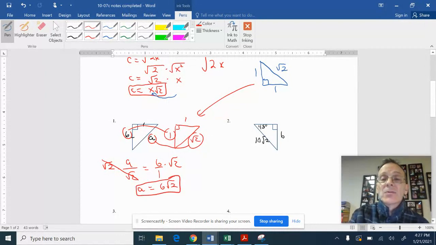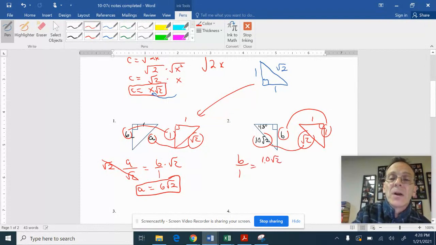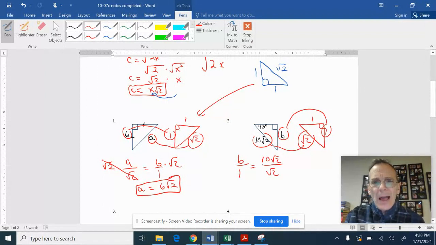And in this triangle here, again, I'll set up my own 45, 45, 90 right next to it. Mark these as 1, 1, and radical 2. Here's B. That corresponds to this 1. 10 radical 2 corresponds to this radical 2. Setting up my equation, B over 1 equals 10 radical 2 over radical 2. Now look, is there any real algebra necessary to solve this problem?